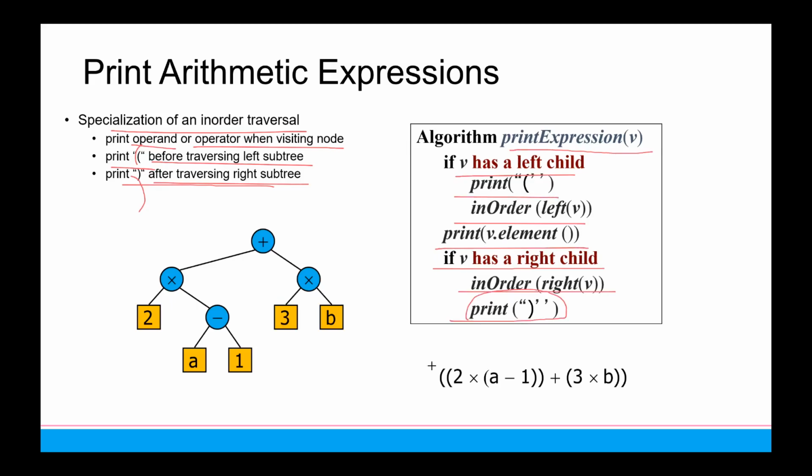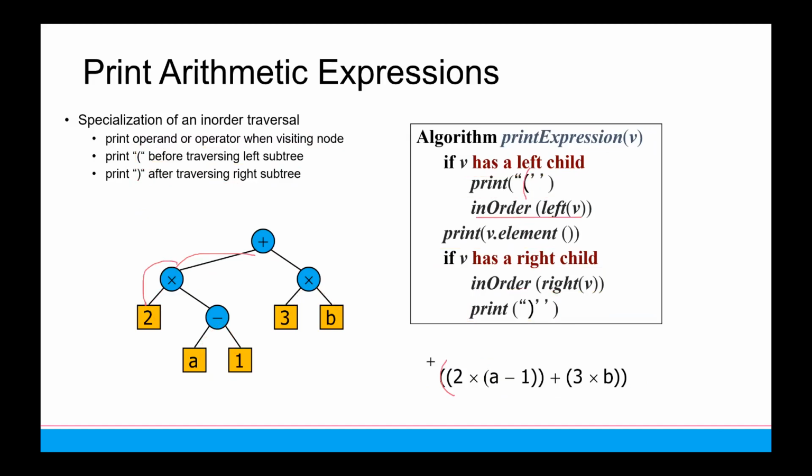Now let's see this. We have 2 multiplied by A minus 1 plus 3 multiplied by B. We want to print this arithmetic expression. So you will see at first we print the opening bracket, in order left, on the left.